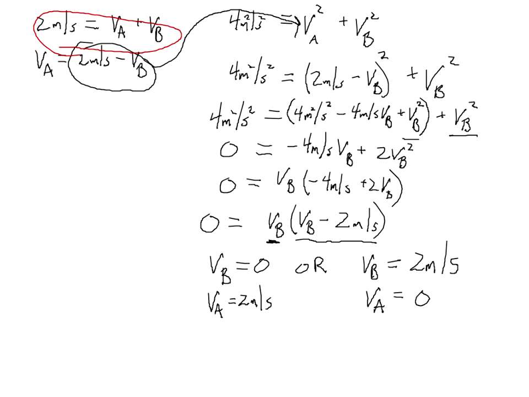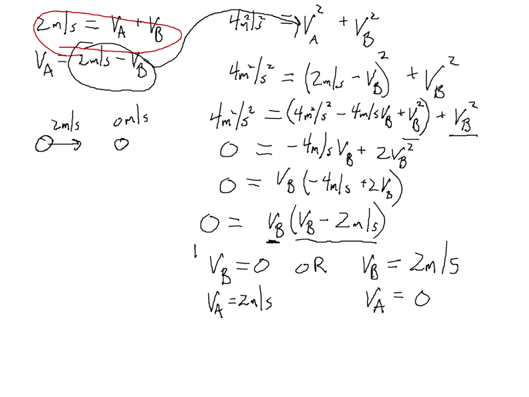Well, let's go back to our original situation. Remember, we had ball A going 2 meters per second this way, and ball B was just sitting there. That's before the collision. After the collision, we have two possibilities.